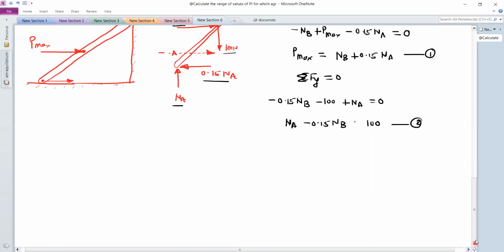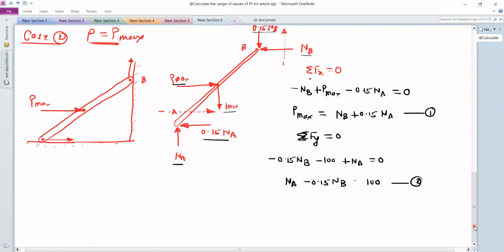Use the third condition, that is summation of moments by all the forces about point A equal to 0. For that, we have to find the perpendicular distance. For this force, the perpendicular distance is this total distance, which is equal to 16.